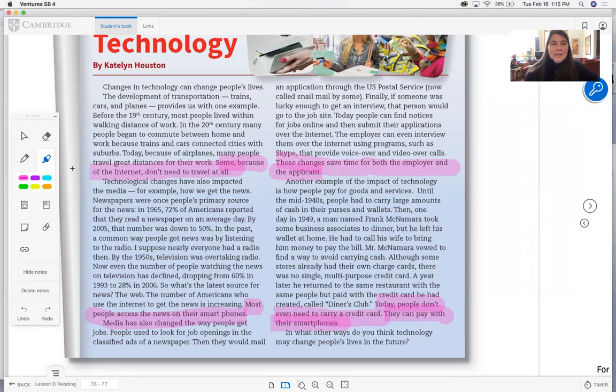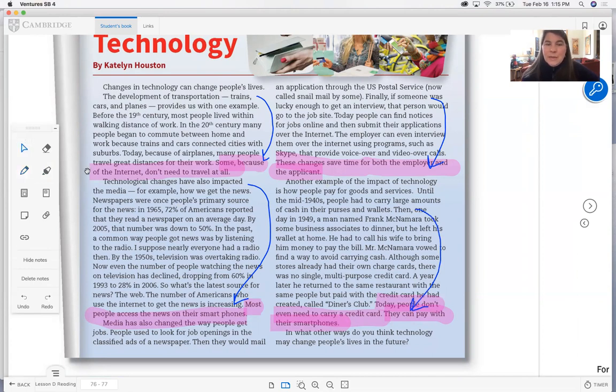So at the end of each of these paragraphs, about transportation, about getting news, about jobs, and about paying, there's a statement about how technology has made our lives easier, and there isn't anyone that's negative.